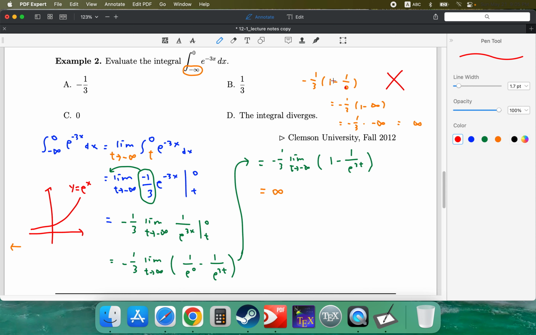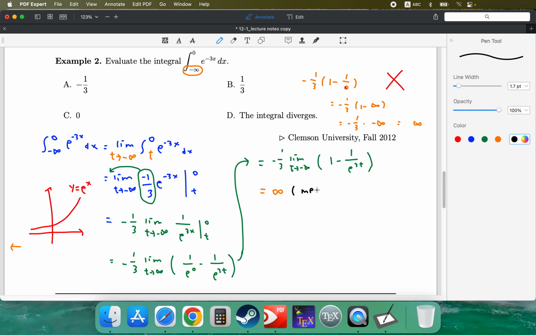I didn't say I need to write down everything in detail, because this is not correct. You cannot operate with infinity. So is infinity a number? No, infinity is not a number. So right here, your limit is not a specific number. That means the limit does not exist.